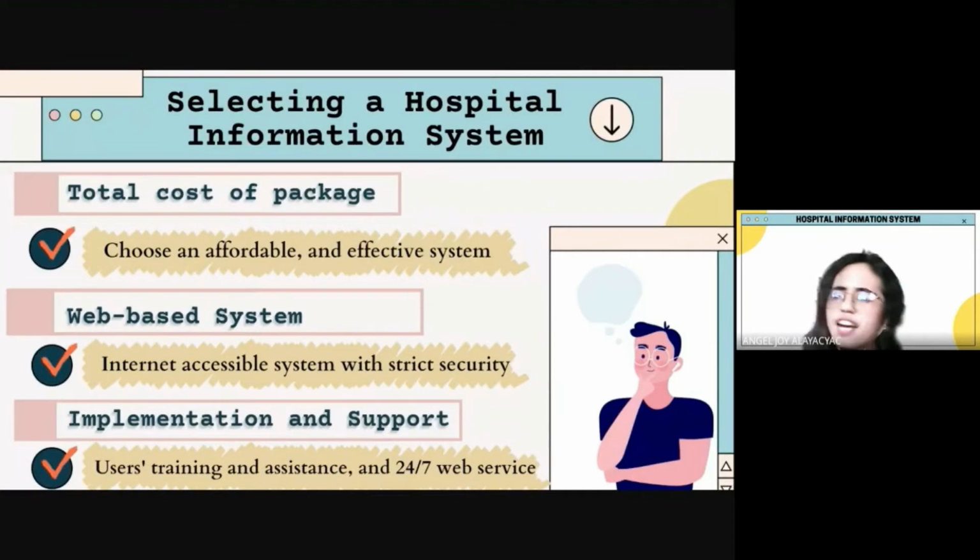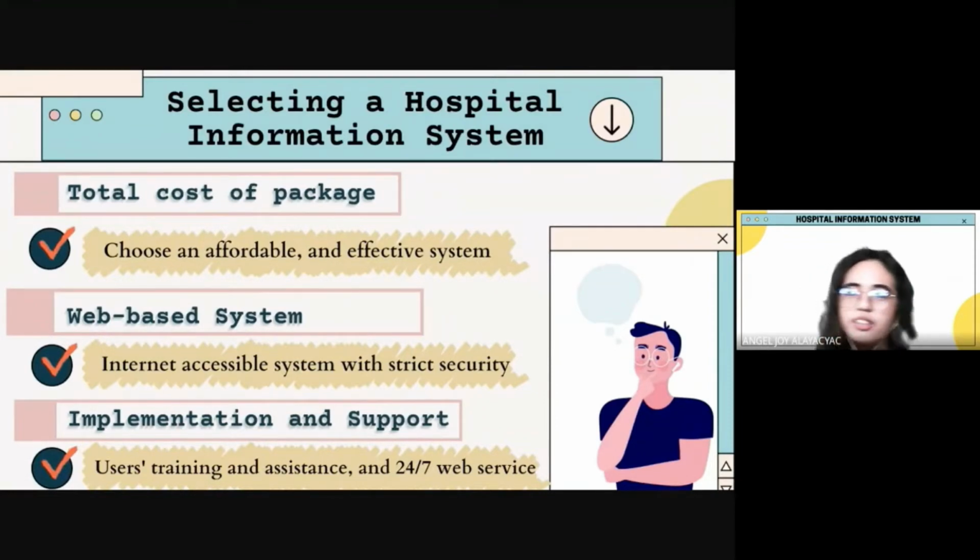This is a very necessary and imperative measurement that the hospital or the administrative should be done. During the deployment of hospital information system or updating this system, they should have an imperative measurement to conduct trainings and assistance to those people who are going to monitor, who are going to use this system. Because it's kind of awkward.